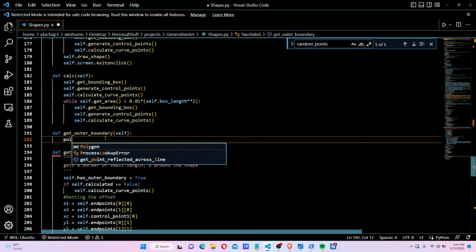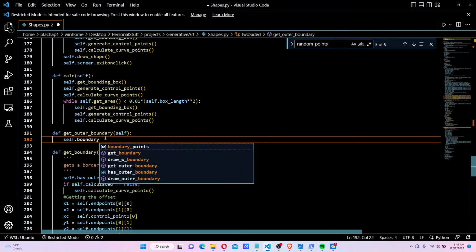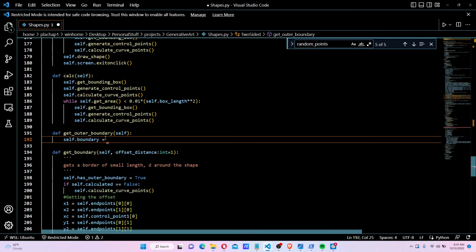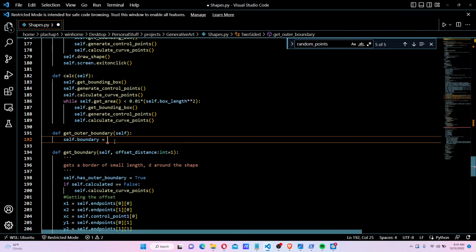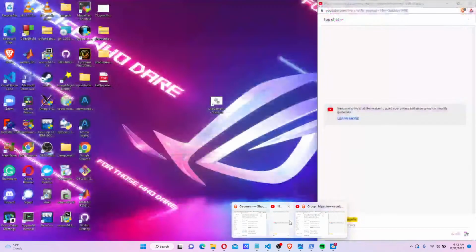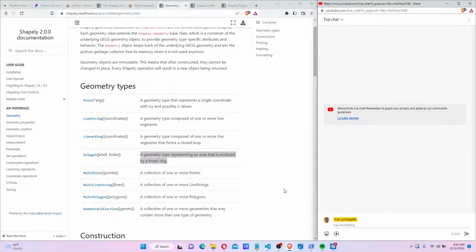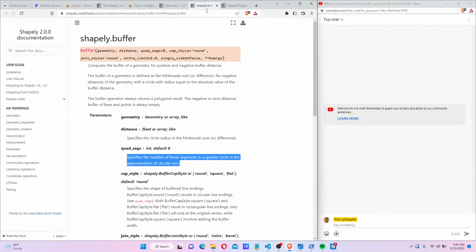The first thing we do, self dot yeah. So self the boundary, we have the polygon.